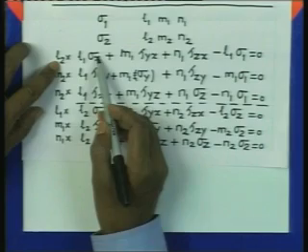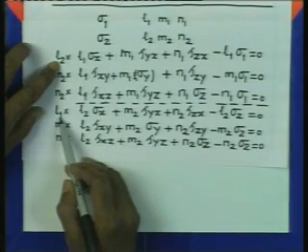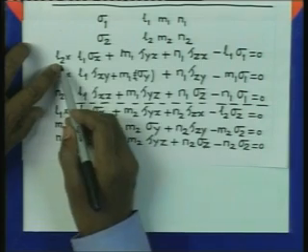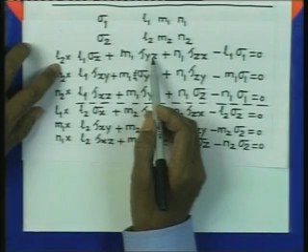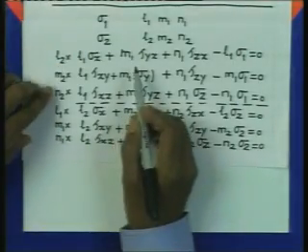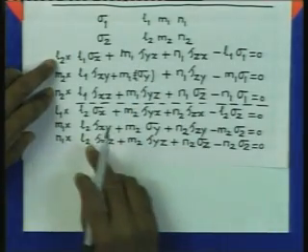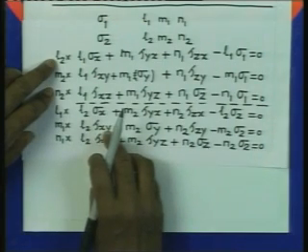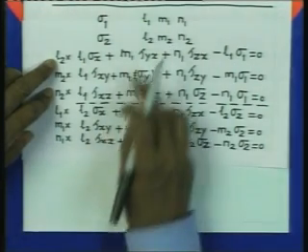So, you will find that we are going to have terms like L2 L1 sigma x, here also it is going to be L1 L2 sigma x. So, therefore, this term will cancel this one. Similarly, L2 M1 tau yx, and you will find here we are going to have L2 M1. So, therefore, you will now find L2 M1 tau xy, because tau yx is equal to tau xy.